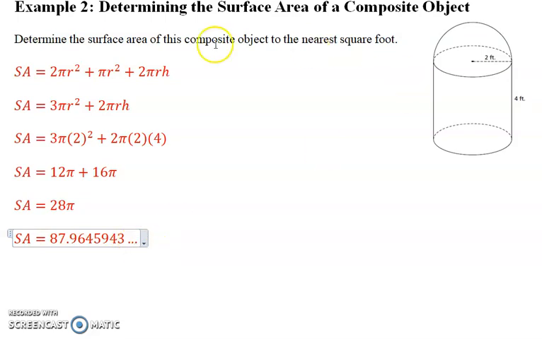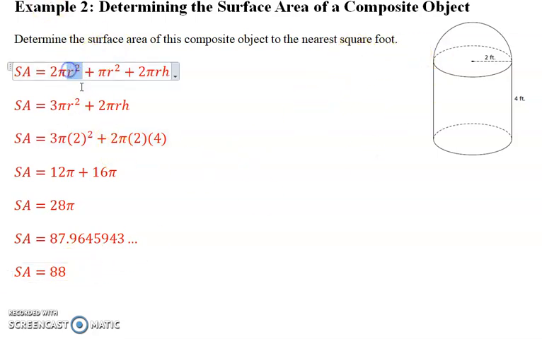Okay. So it says determine the surface area of this composite object to the nearest square foot. So that means the 9 is going to round the 7 up to an 88. So we're going to have surface area is equal to 88, and we know the units are square foot.